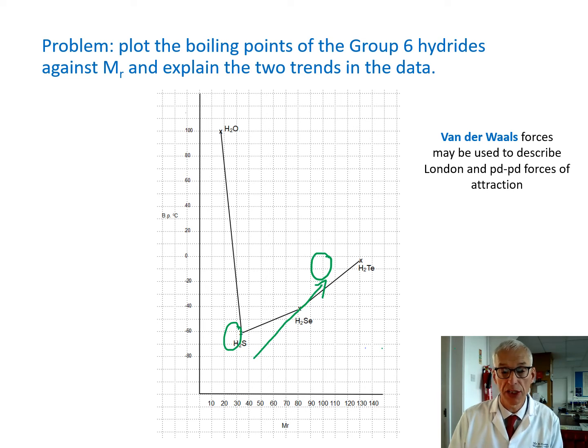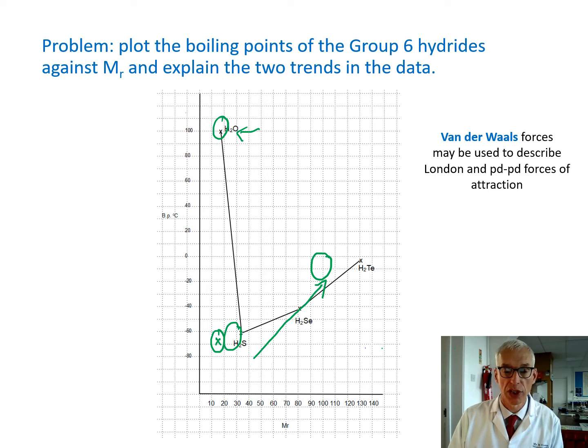However, we would expect to see on that basis water having a boiling point somewhere down here. But as we can see, water's boiling point is up at 100. Now the difference between the expected boiling point down here due to van der Waals forces and the actual boiling point up here is accounted for by the strength of the hydrogen bonding that exists between water molecules.